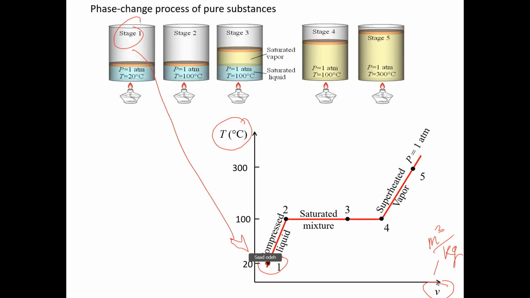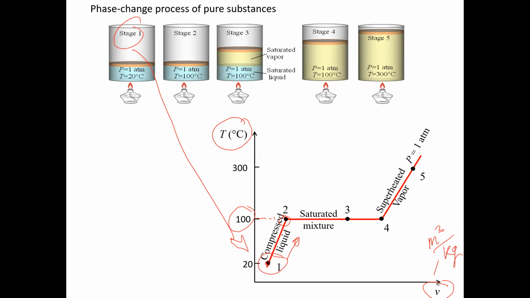At this point, we start to heat the water, so you can see the temperature starts to rise up to 100. The 100 here is the boiling temperature, or they call it the saturation temperature. So when we say saturation temperature from now on, it means the boiling temperature at a certain pressure.